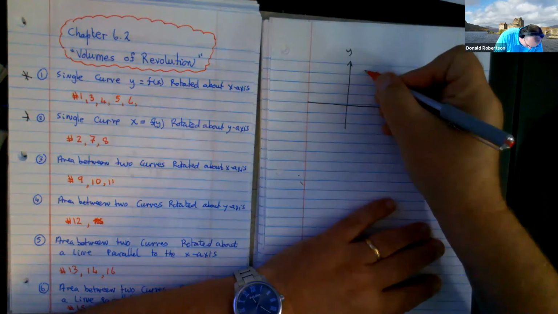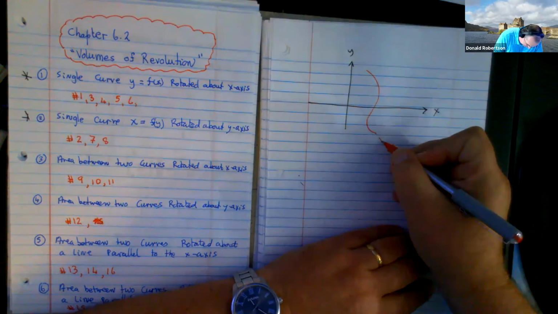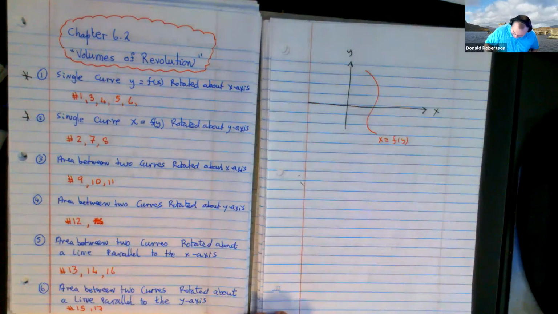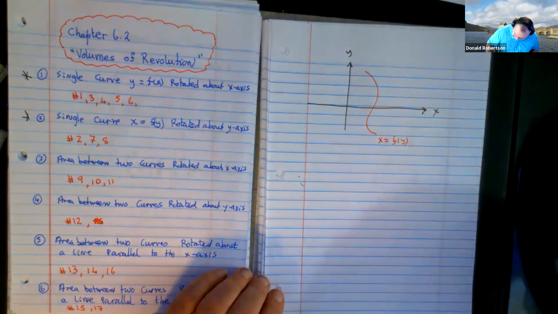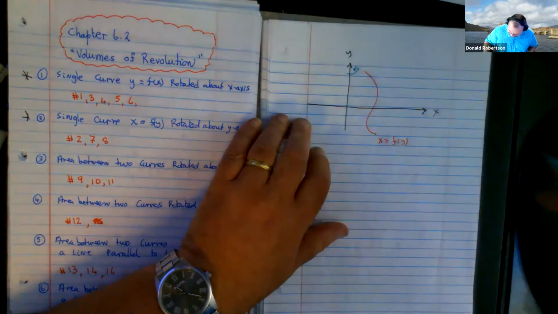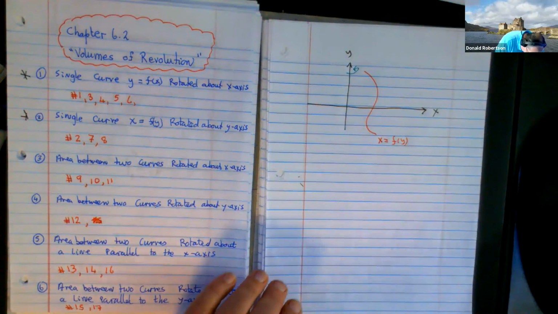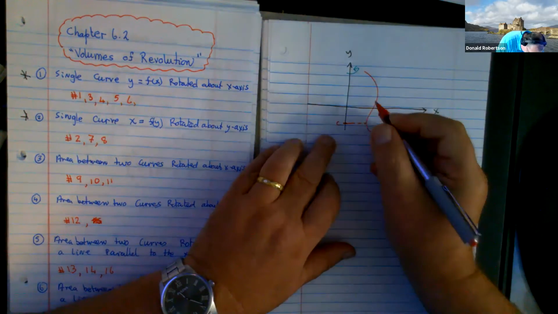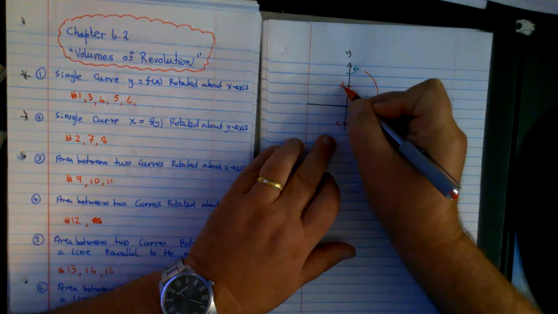There we go. And this curve is called x equals f of y, right? And you're going to rotate it about the y-axis. And it's going to start life here at C. And it's going to finish, say, here at D.